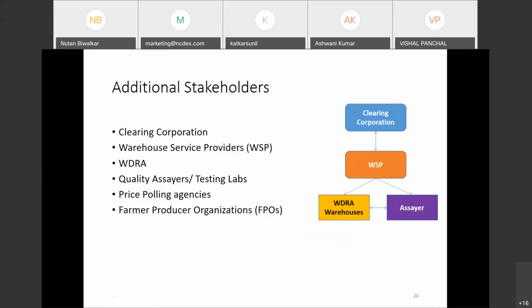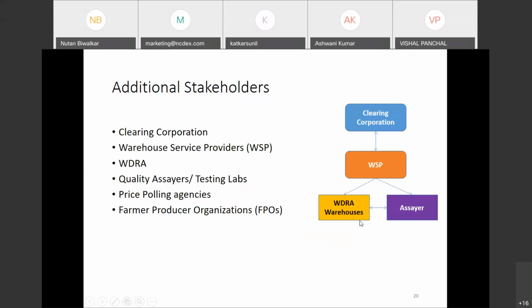So the CC, that is the clearing corporation, ensures that the WSP exercises due diligence for safety and quality of goods deposited with them, for good delivery on the exchange platform. Means the accreditation of WSP is a very critical task, and the WSP has to follow due diligence, because the delivery offered on the exchange platform should be good in terms of safety as well as quality.